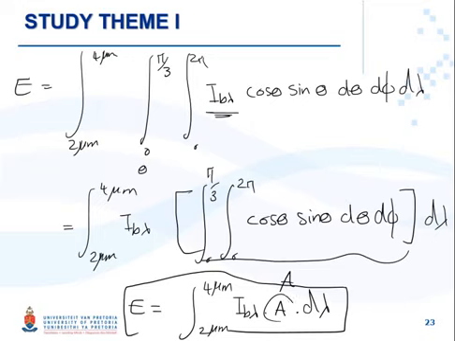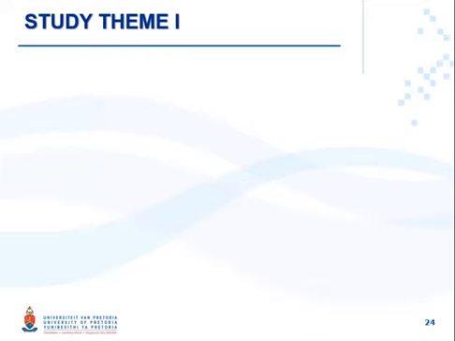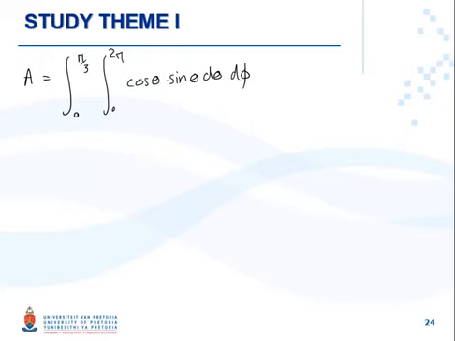What we need to do is just find A here. Okay, let's try and see if we can find A. So A basically was equal to the integral from 0 to pi/3, 0 to 2 pi, cosine theta, sine theta, d theta, d phi. Use the same substitution. We assume that sine theta is equal to u, so cosine theta d theta is du.